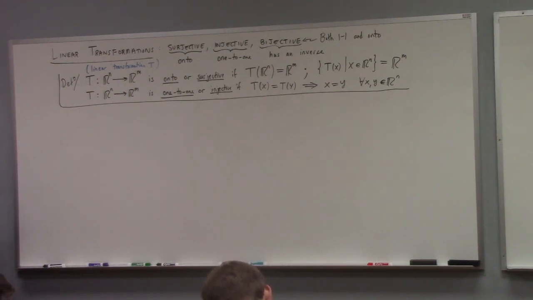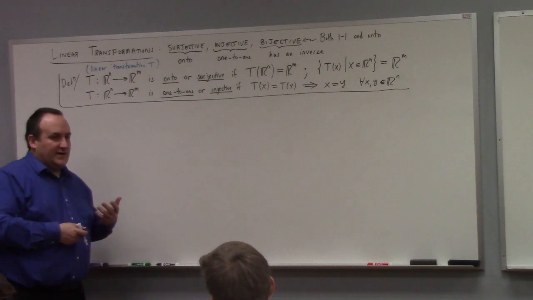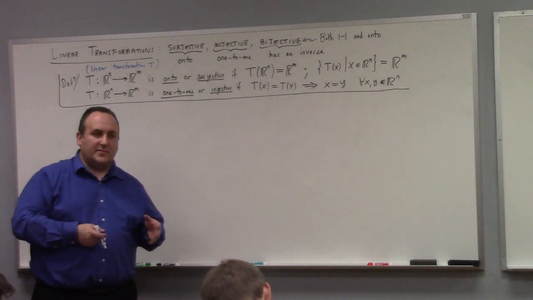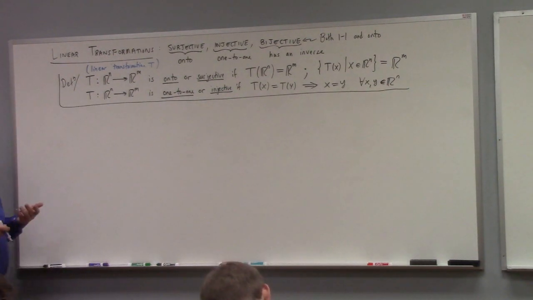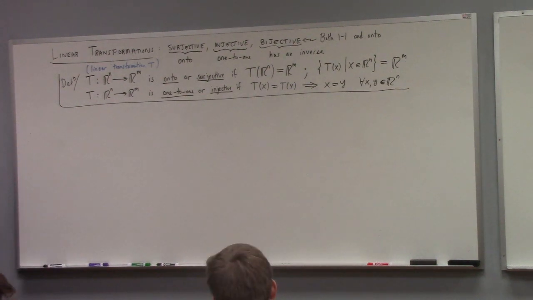But to decide whether a linear transformation is 1-to-1 and onto is actually very simple, because every linear transformation is essentially defined by its matrix. So we can trade these somewhat abstract ideas for concrete matrix calculations.